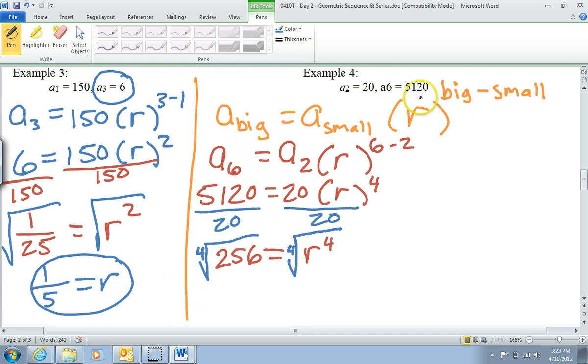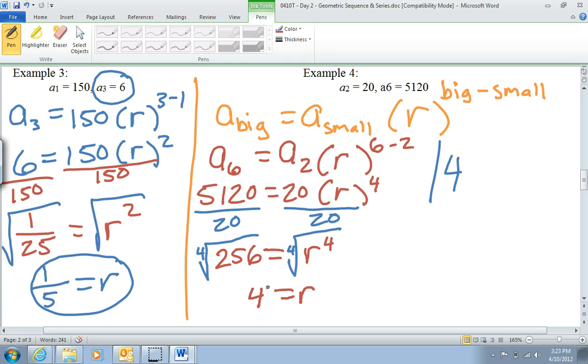Please understand that when you type this into your calculator, you type the 4 first on your TI-30. I wish I had the TI-30 on the screen here, but you type the 4 first, and then you hit second caret, and it becomes the fourth root at that point. I heard that it was 4. Okay, so r is 4.